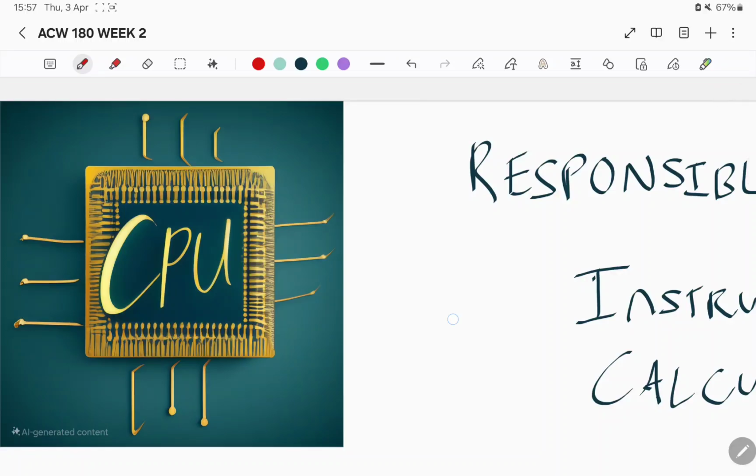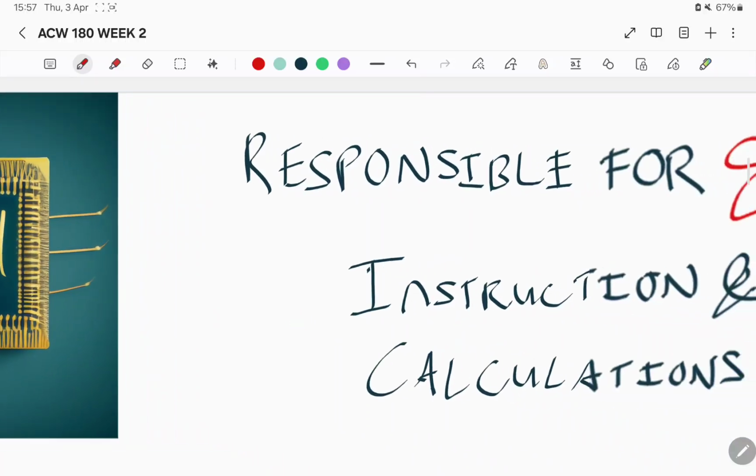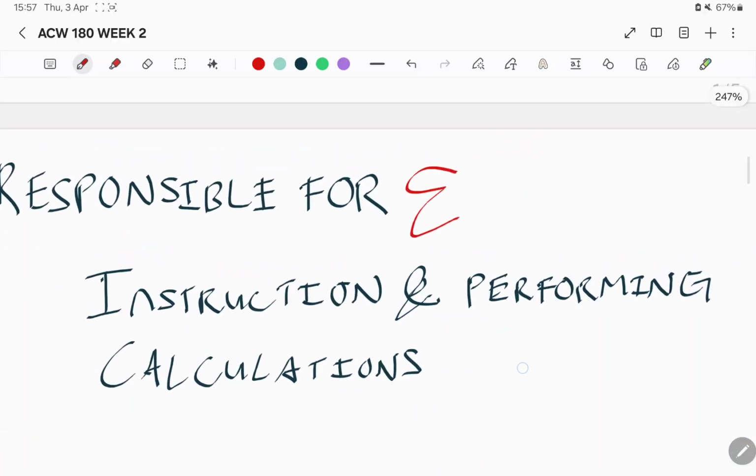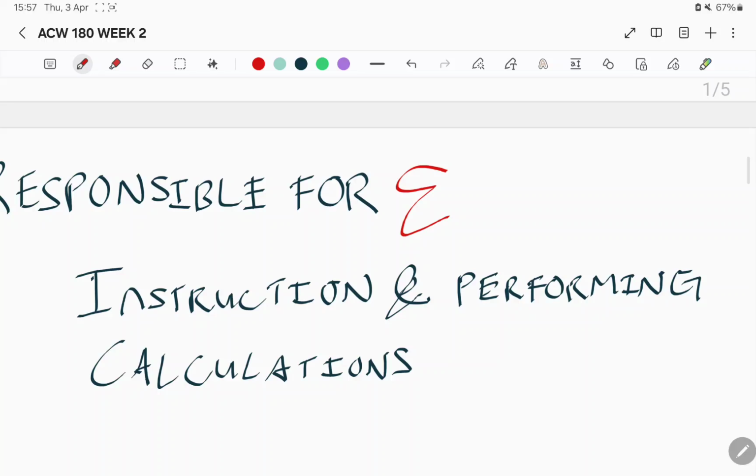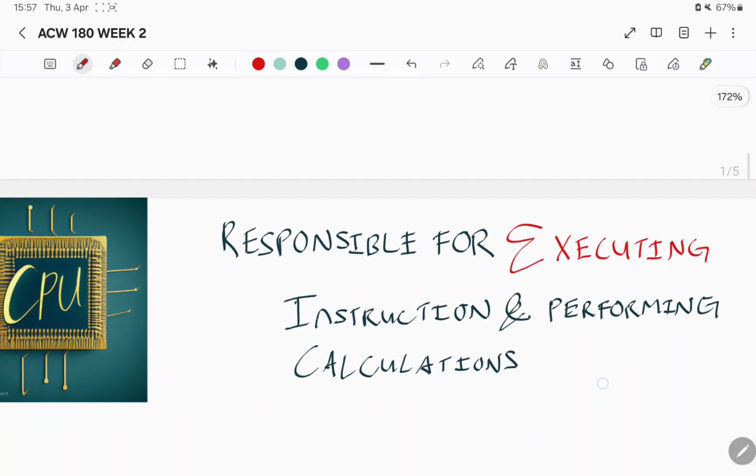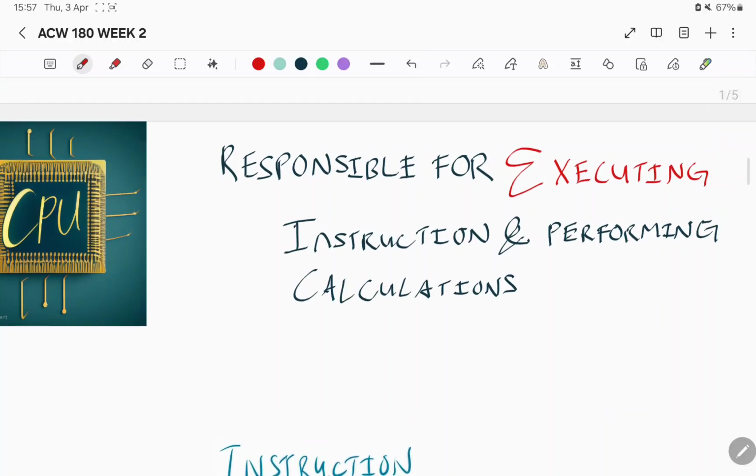Just in case you don't, the CPU is something responsible for executing instructions and performing calculations.